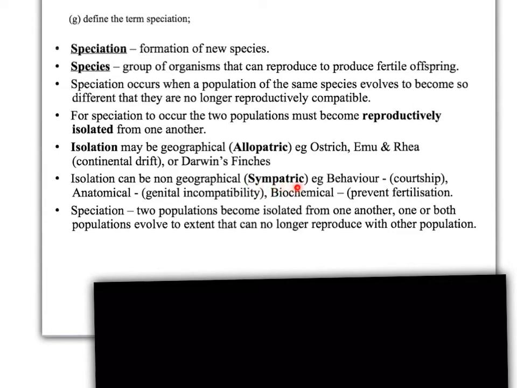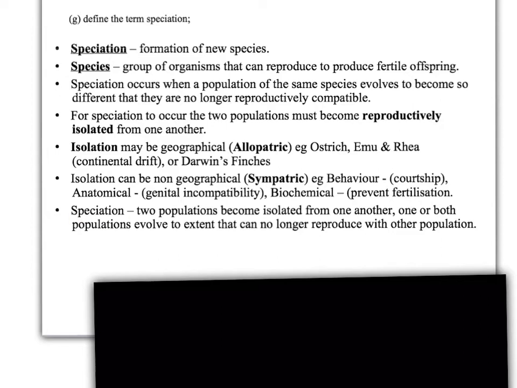This can be due to all sorts of reasons: different courtship routines, anatomical or genital incompatibility, or biochemical reasons preventing fertilization. Okay, so this happens to two groups of the same species that actually live in the same geographical region, but for some reason the two groups have become isolated from each other.